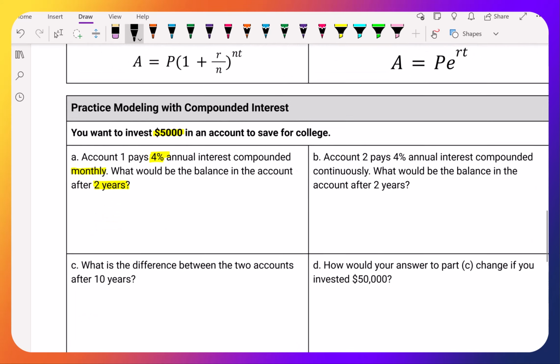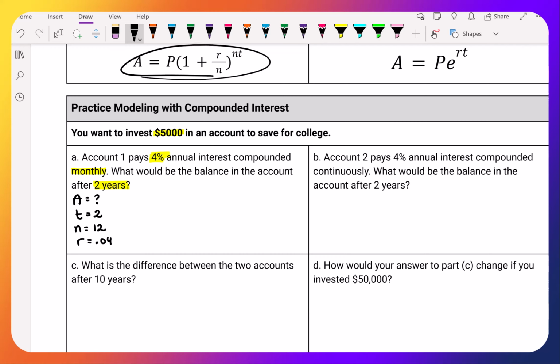So let's take a few notes. I'm looking for the amount after 2 years. So t is 2. It is compounded monthly, so n is going to be equal to 12. Your rate is 0.04. You are going to be using this formula in this example. So your principal is 5,000.